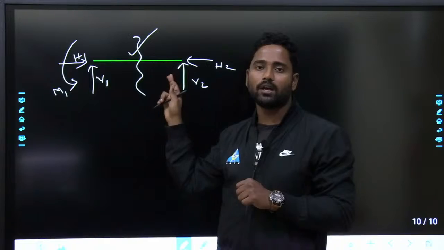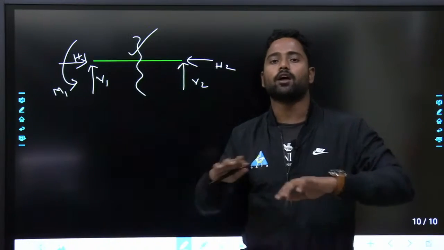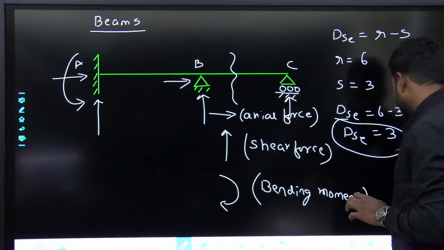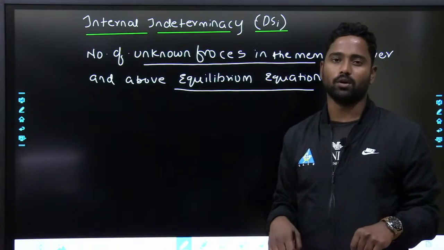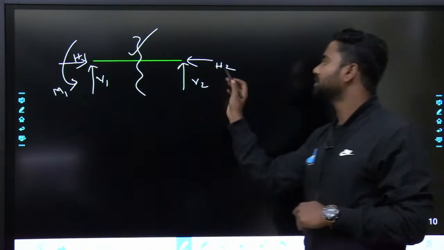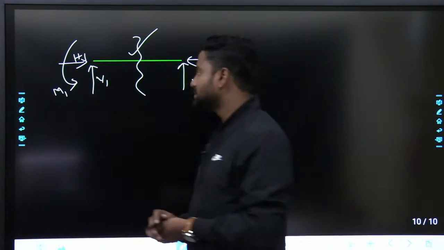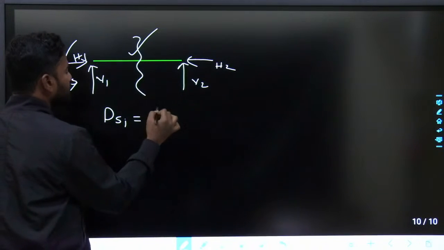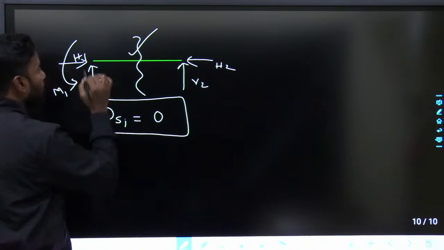So it is not like I know forces in the members. If I know forces in the members, there are no unknown forces. Fine. What is indeterminacy? Number of unknown forces. But here all the forces are known. If I know the external reactions, I can calculate forces in the members. So that is the reason DSI, internal indeterminacy for the beams, is generally 0, only for beams.